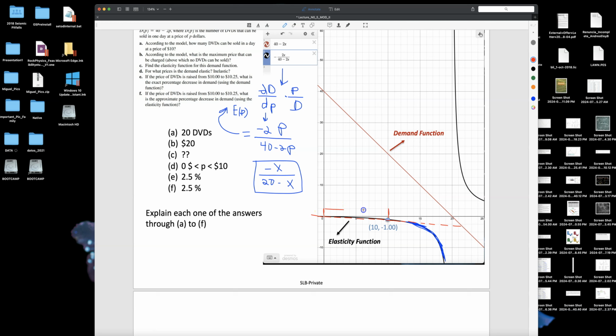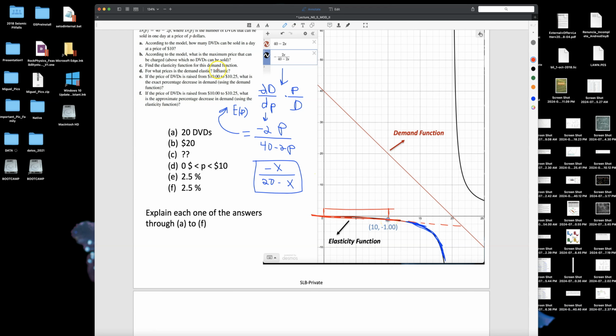In this range, the black curve has a trend that is almost a linear function. So the answer is: the elasticity function is elastic between 0 and $10.